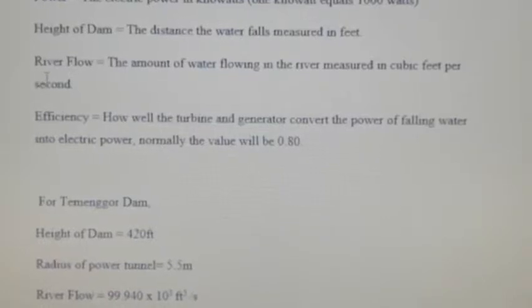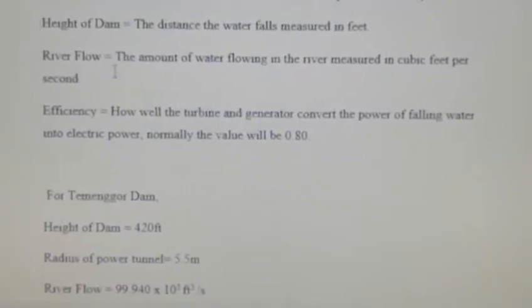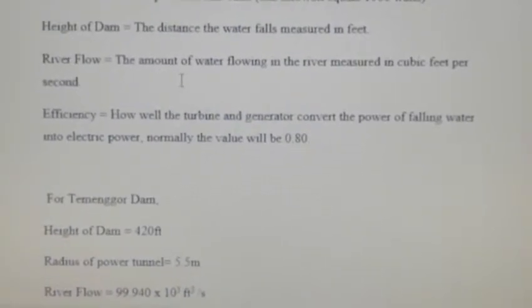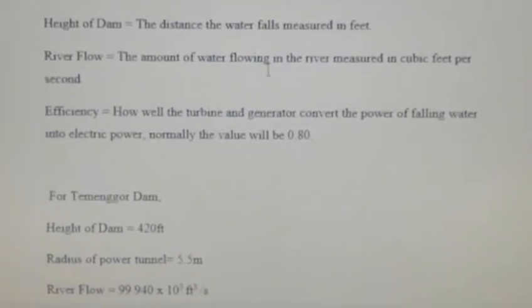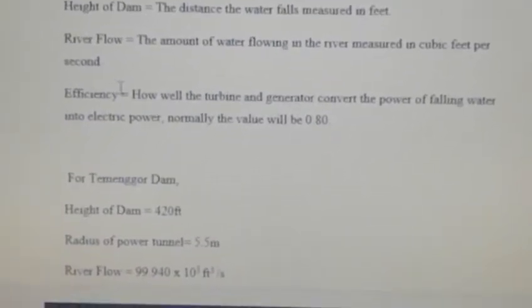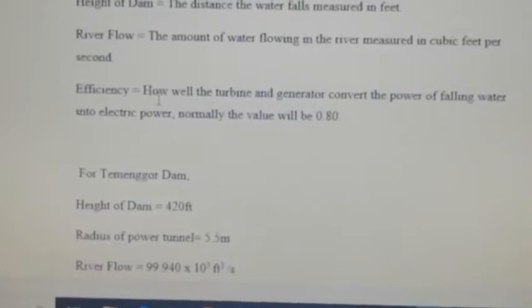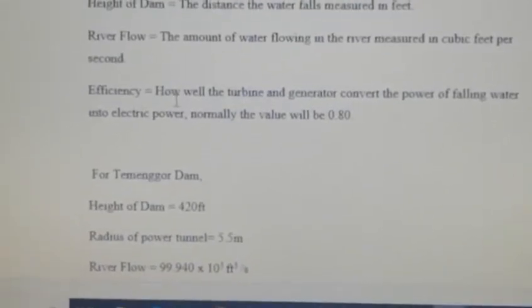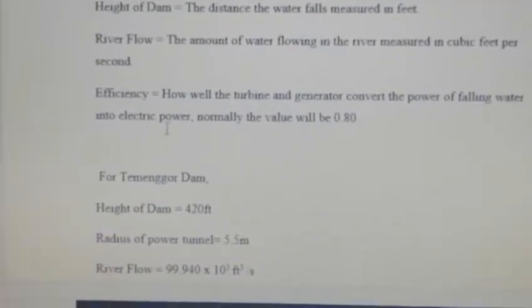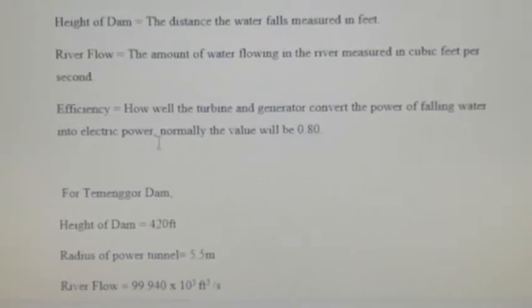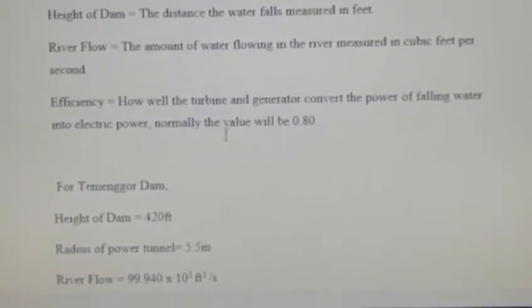The river flow is the amount of water flowing in a river measured in cubic feet per second. The efficiency is how well the turbine and the generator convert the power of falling water into electric power. Normally, the value will be 0.8.